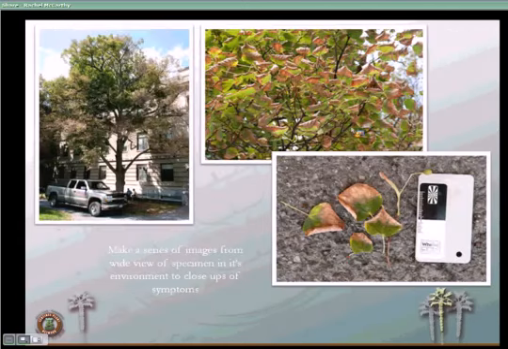So when you're photographing things to send to a diagnostician, you're going to want to take a series of pictures, like a long picture of the specimen in the environment, say this tree next to the building here, and then move in a little closer and take a picture of the general symptoms in this tree.